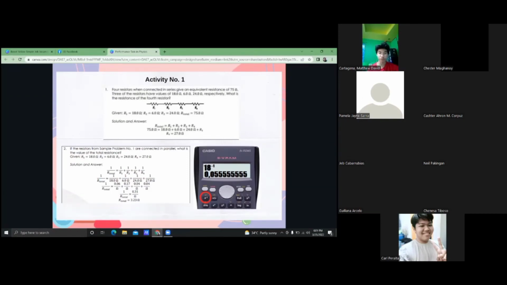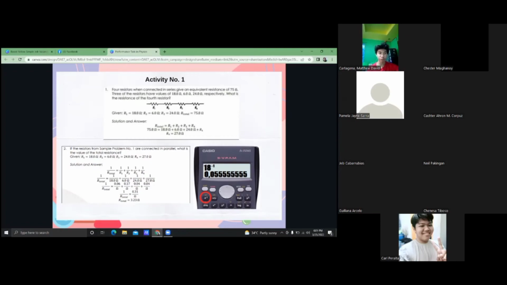To solve for the total resistance of a parallel circuit, we just have to replace the values in the formula. 1 over total resistance is equal to 1 over 18 ohm plus 1 over 6 ohm plus 1 over 24 ohm plus 1 over 27 ohm.